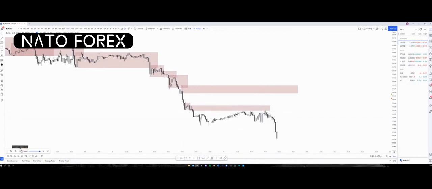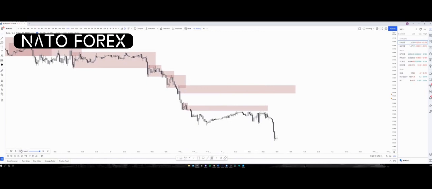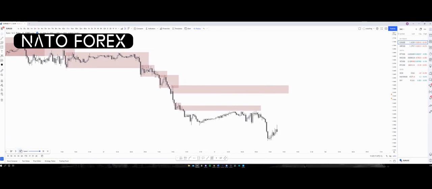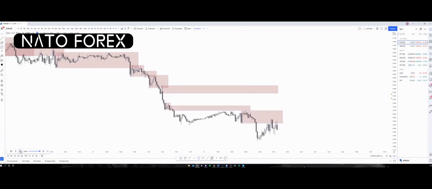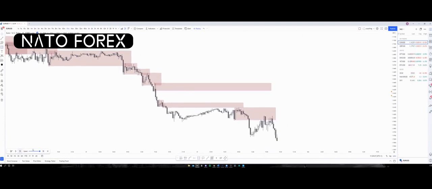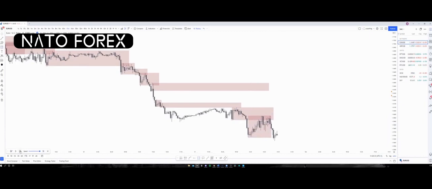Right, new supply range created. Continuation from new supply range created. And obviously we can refine this to more, but we just want to study what price is doing.